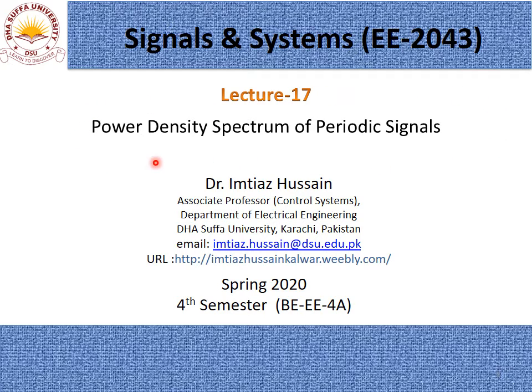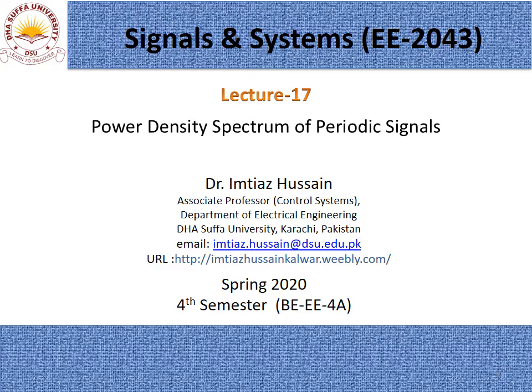This is more frequently used than the simple spectrum, because the power density spectrum gives you an idea about where the signal power actually lies, at what frequencies the maximum power of the signal lies. A simple example is the sinusoidal waveform that is supplied as power at our homes.